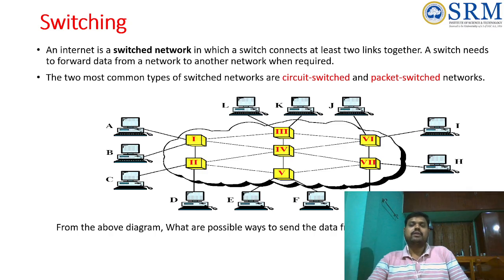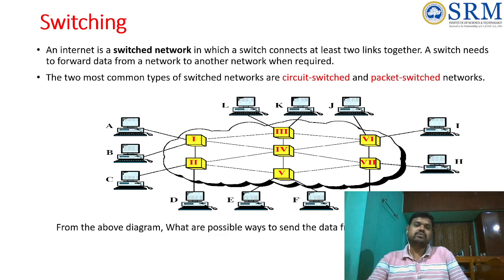If you turn on a switch, the data will be forwarded from one network to another when required, similar to the switches in our home. If you turn on the switch, the fan or the light will turn on. If you turn it off, the current flow will stop, so the light or fan will automatically cut off.